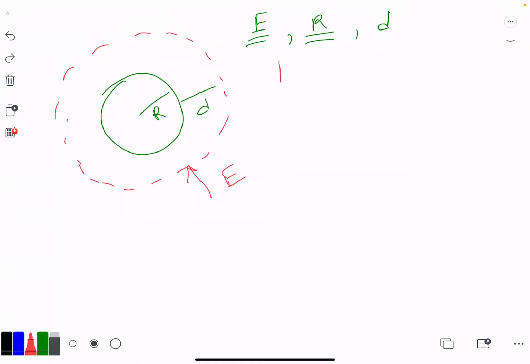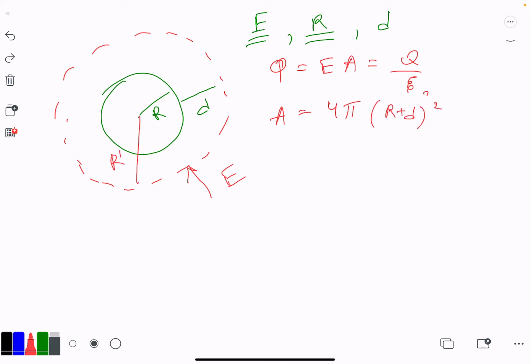So flux is equal, E times A is equal to Q over epsilon naught, right? What is the area of this Gaussian surface here? 4 pi r squared, right? But in this case R is equal to what? R plus D squared, because we're looking for this total R. It's very important.